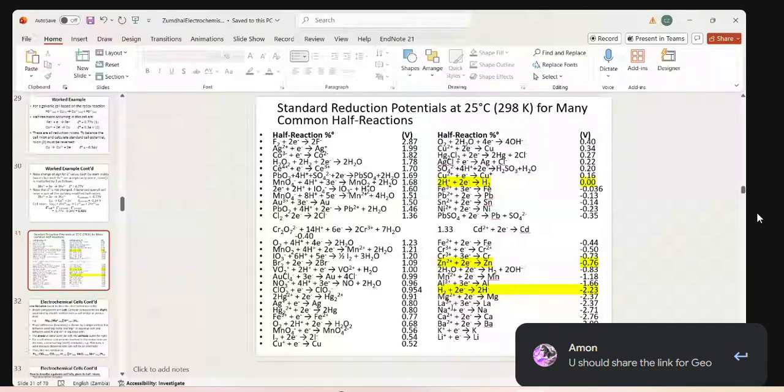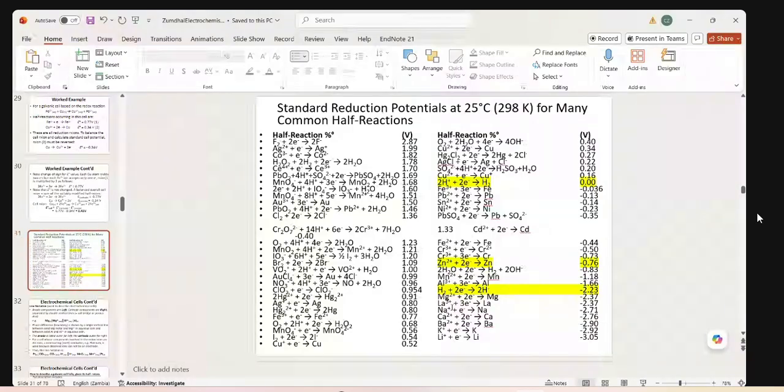Because in a redox reaction, what you have is metals, they are losing electrons, becoming ions. Then those that are gaining electrons are moving from being ions to being neutral metals.